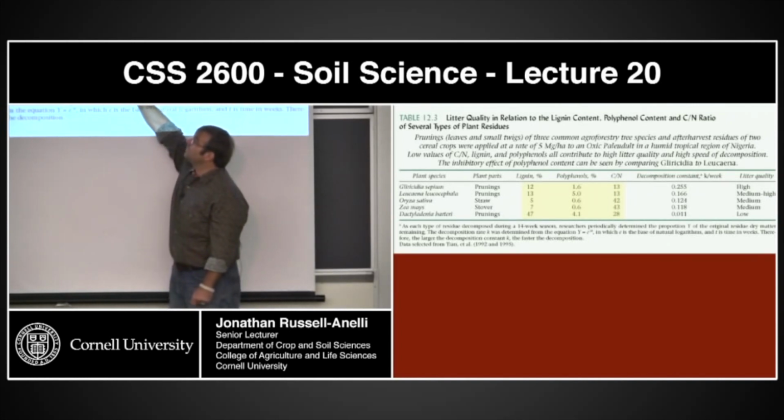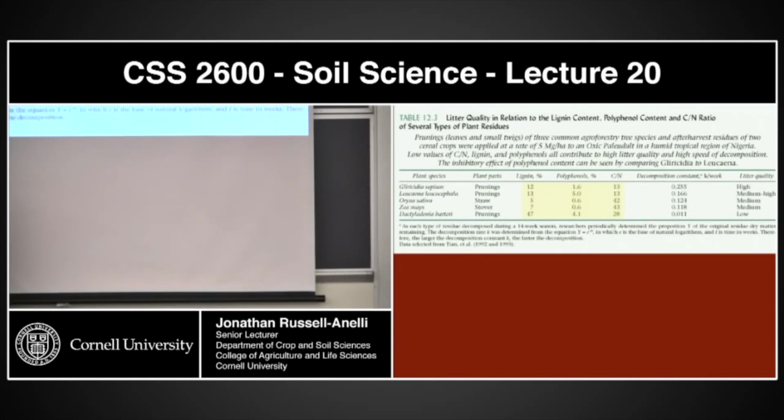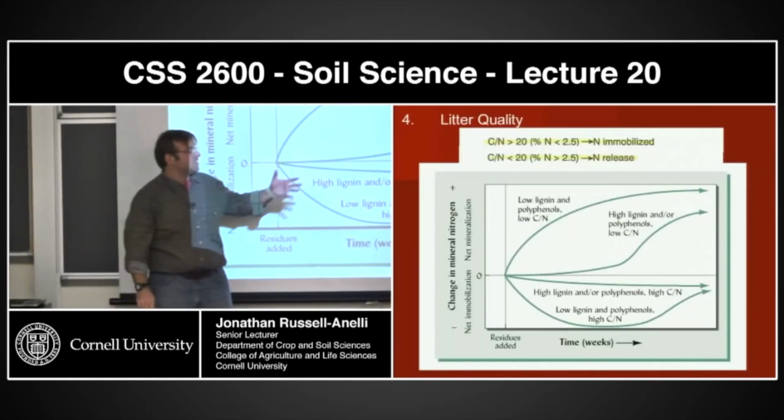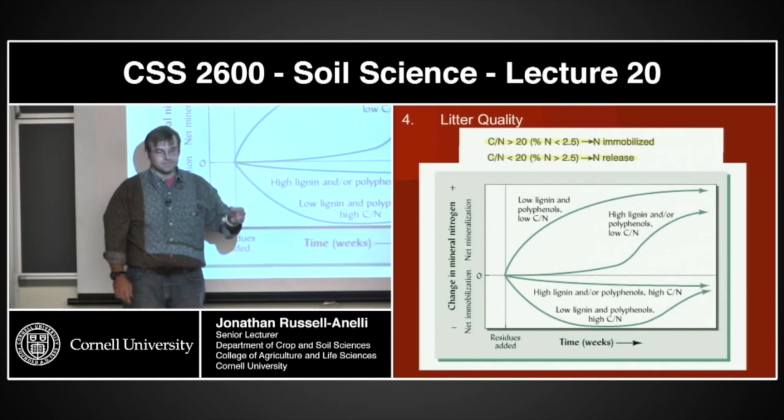But these 43:1 and 42:1 materials, compared to the 28:1, decompose a lot quicker than that one. So it's not the CN ratio alone, it's the structure of the material. Does that make sense? In essence, this is the data that filled in this chart.